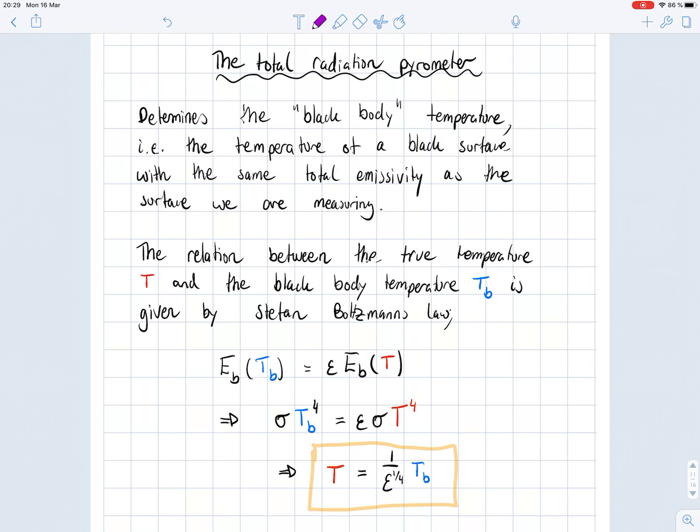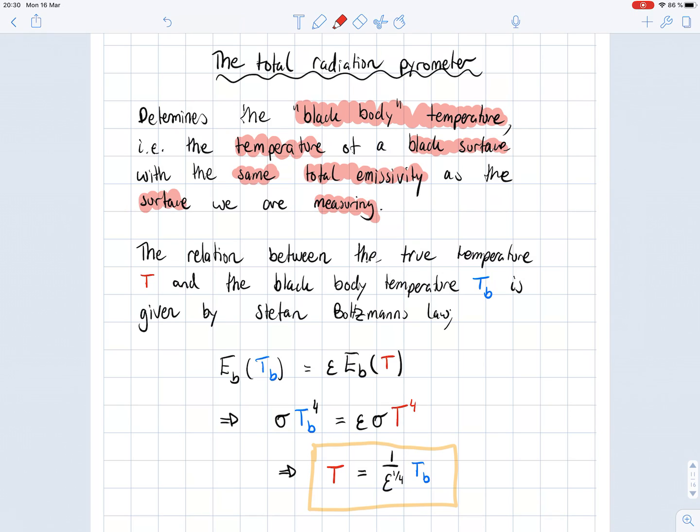The total radiation pyrometer will determine the black body temperature. And the black body temperature is the temperature of a black surface with the same total emissivity as the surface we are measuring. We'll see what that means in some equations a bit further down.